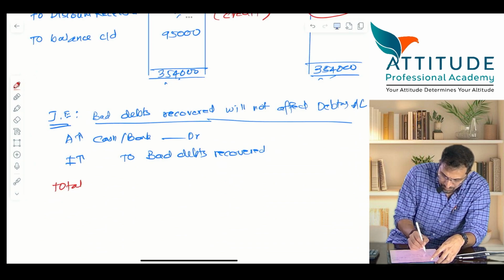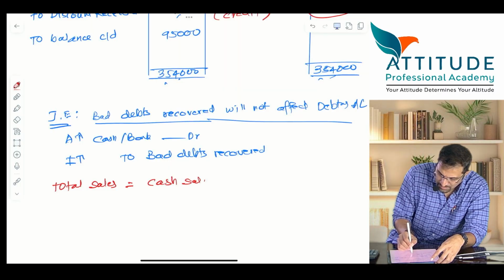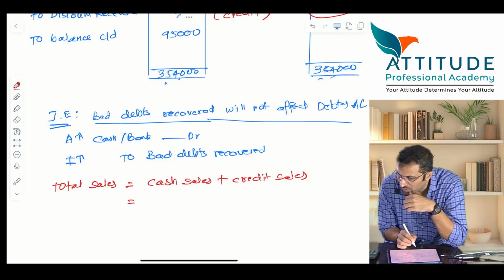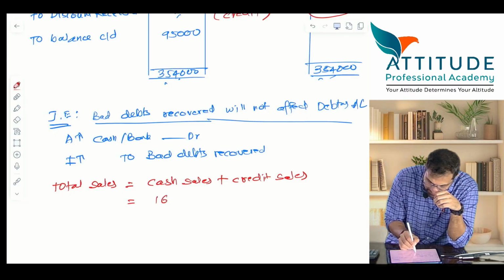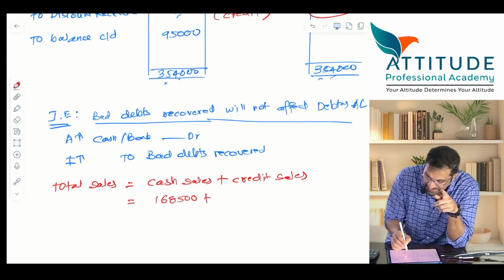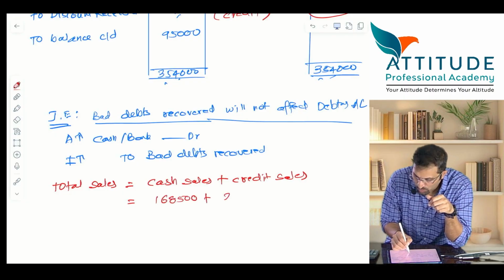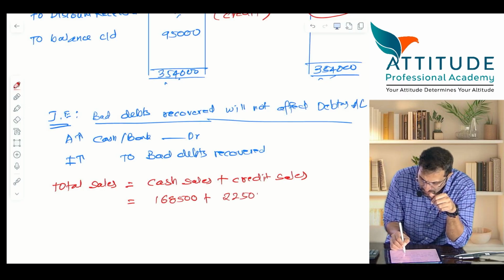Total sales is equal to cash sales plus credit sales. Cash sales is given in the question. Can anybody tell me what are the cash sales? 1,68,500. Credit sales you have just now found out by opening the debtors account: 2,25,000.